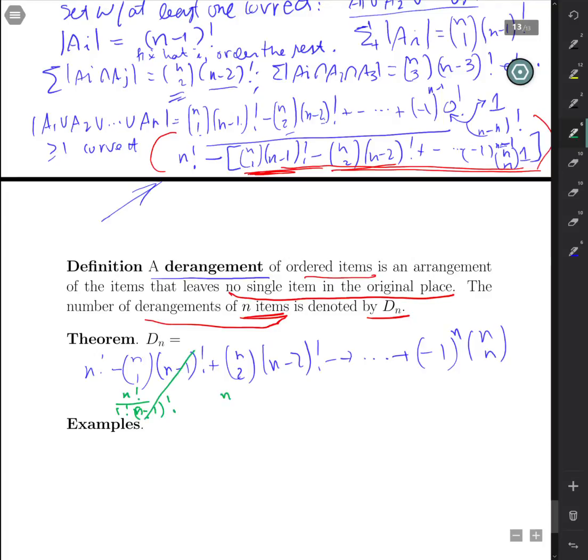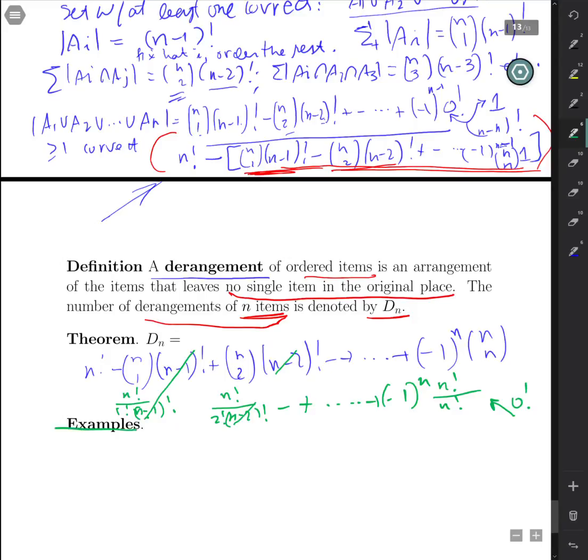And this is n factorial over 2 factorial times n minus 2 factorial, and those also cancel. And this persists, minus plus dot dot dot plus minus 1 to the n, and this is n factorial over n factorial times 0 factorial, but I'm not going to put the 0 factorial there.